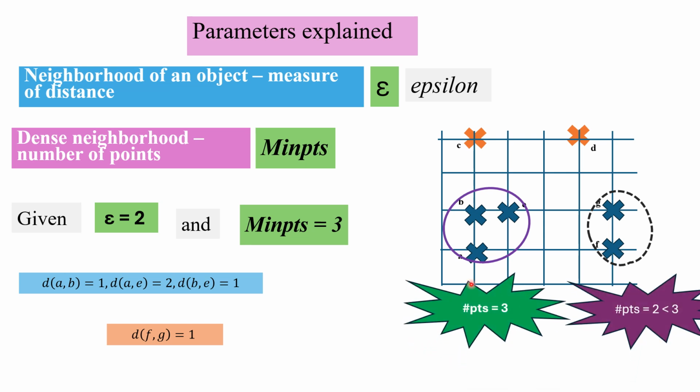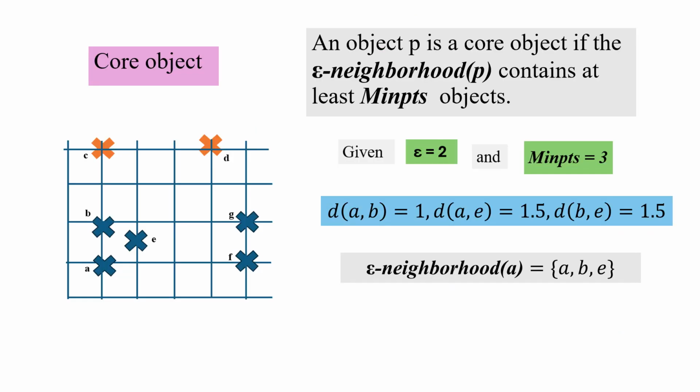So the number of points here is 3, and the number of points in this group is 2, which is less than 3. What did we say? To identify a dense neighborhood, we should have at least MinPts number of points. So this is a dense neighborhood, and the one with the dashed outline is not a dense neighborhood as per our definitions for this density-based clustering method.